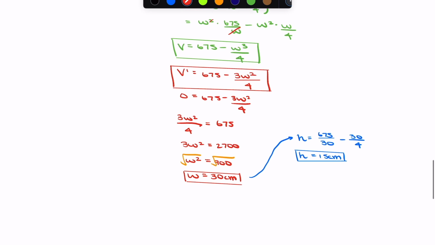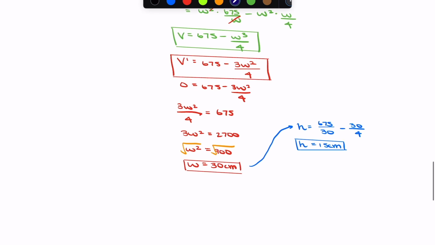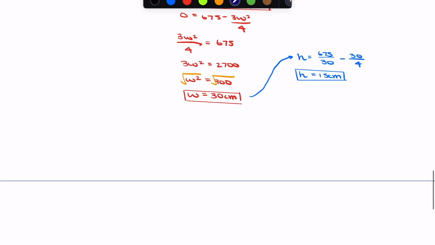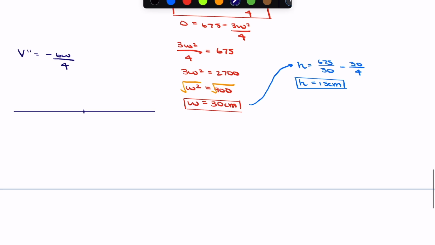Okay, so here, let's take the second derivative. If we take the second derivative, we'll get negative 6W over 4. And so here, if we just take a look at this when it's 0, so our critical points, just draw a number line so you can confirm. So here we have 0.